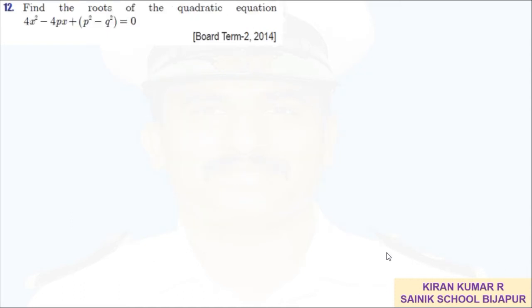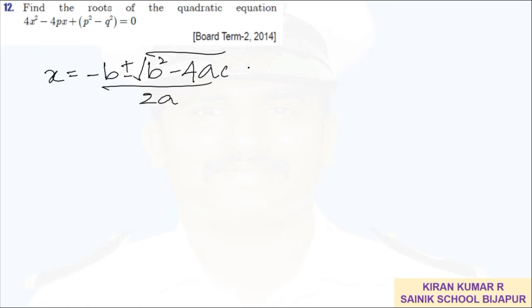At the next question, question 12, find the roots of the quadratic equation. For this, let me use the quadratic formula again. X is equal to minus b plus or minus root of b square minus 4ac divided by 2a. Let me substitute. What is a value? It is positive 4. What is b value? It is negative 4p.